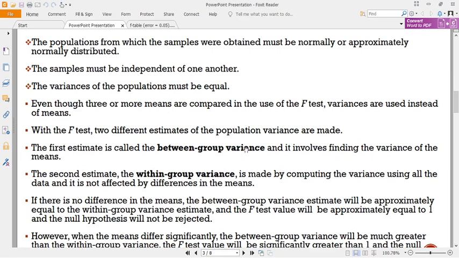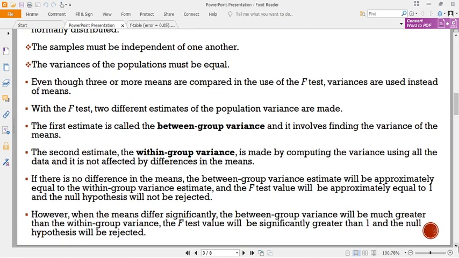The first one is the between group variance, and this involves finding the variance of the means. The second estimate is the within group variance, and here we compute the variance using all the data, and this is not affected by differences in the means.